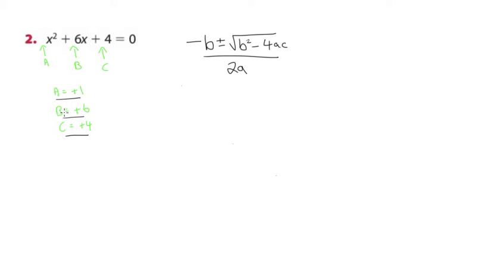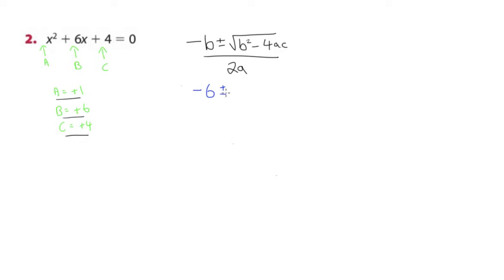And I'm going to plug these numbers into the formula. So this is minus B. Now B is 6. A minus by a plus is a minus. So I'll do this in a different color. That's going to be minus 6. And I'm trying to make my 6 look different than my B. It's quite difficult.